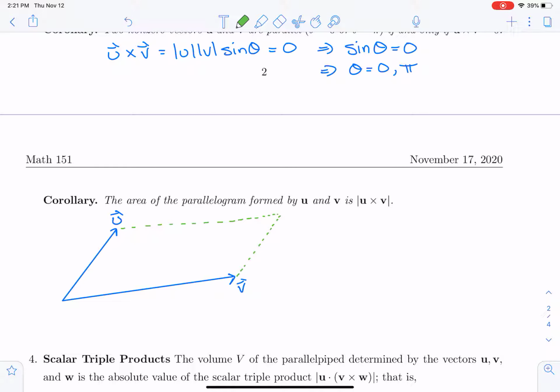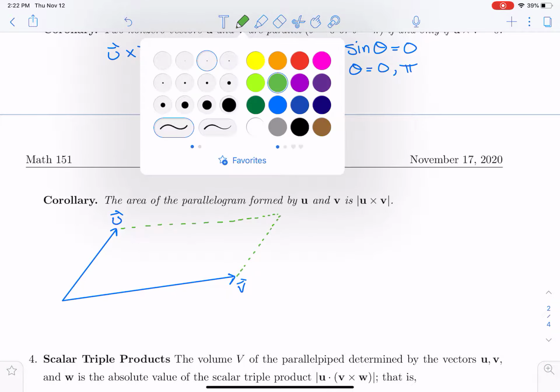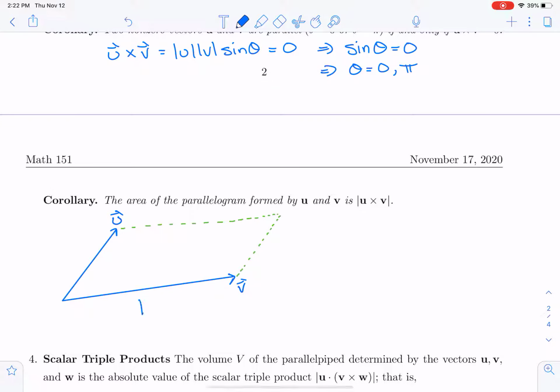We'll remember that the area of a parallelogram is the base of the parallelogram times the height. So the base of this parallelogram is the magnitude of v. Now I need to draw in the height of the parallelogram.